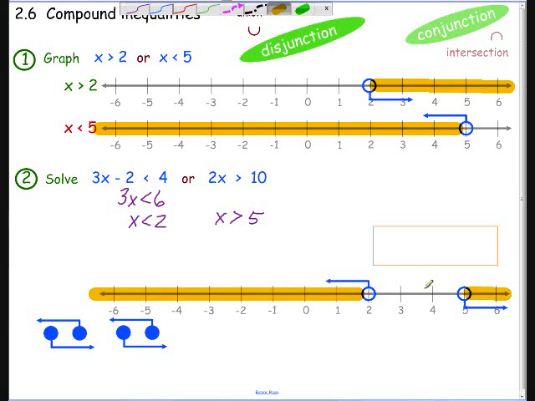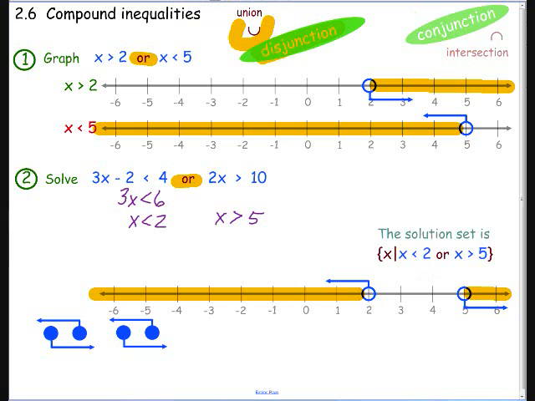Because if either one of them is true, this statement, because it's an or statement, disjunction, which is a union. So we've solved that. The solution set is x such that x is less than 2 or x is greater than 5.